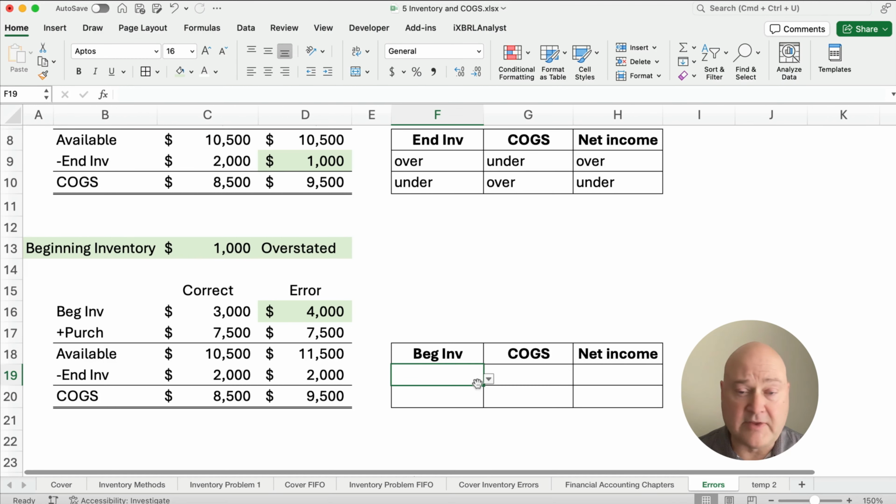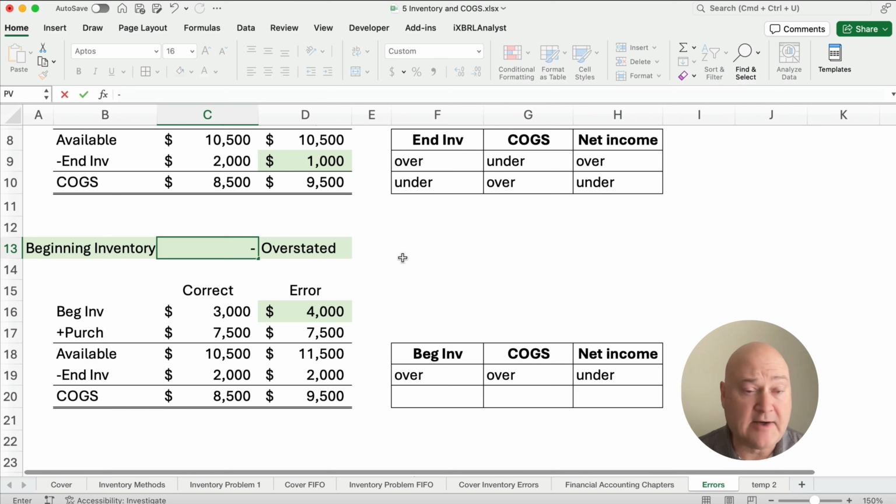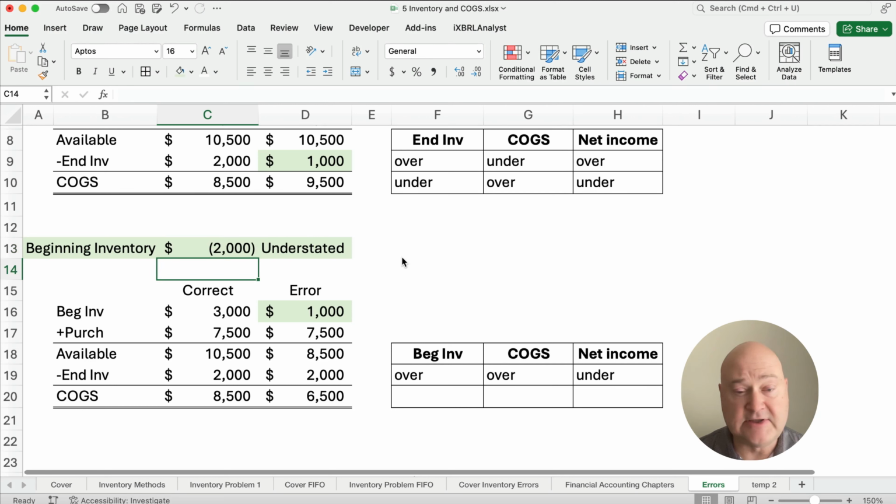So let's do the problem here. Let's fill out the chart. If our beginning inventory is overstated, our cost of goods sold is overstated, and our net income is going to be too low, so understated. What if our beginning inventory, it doesn't really matter, let me make it $2,000 understated.